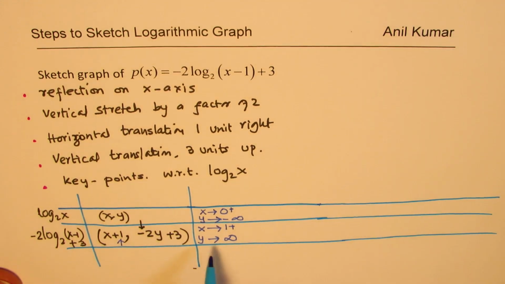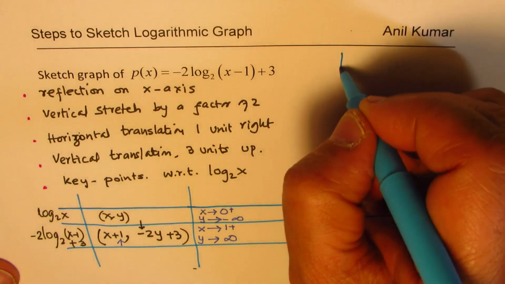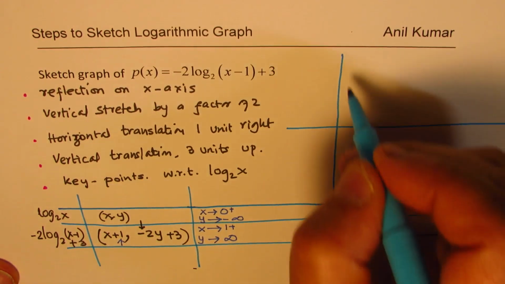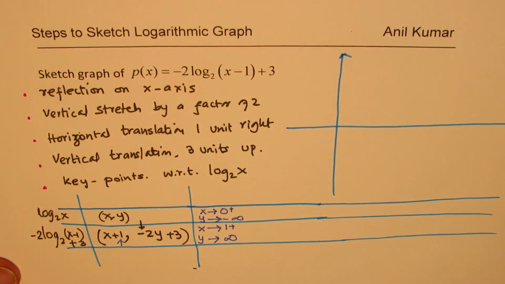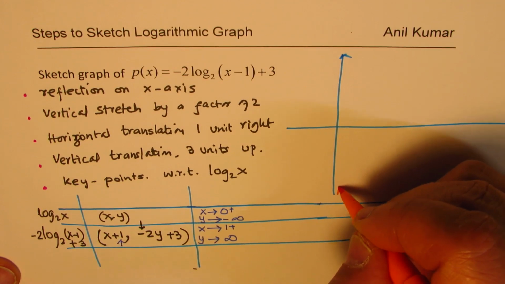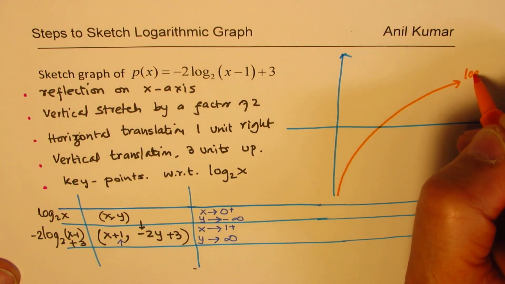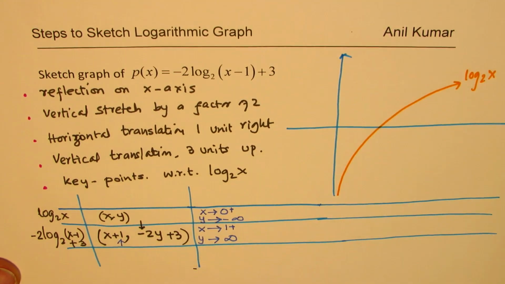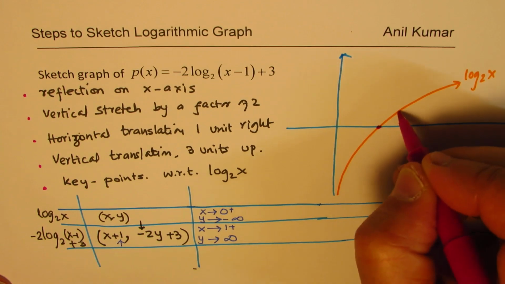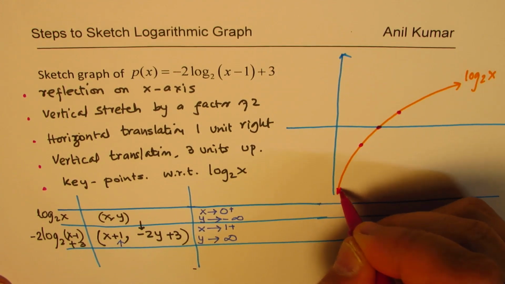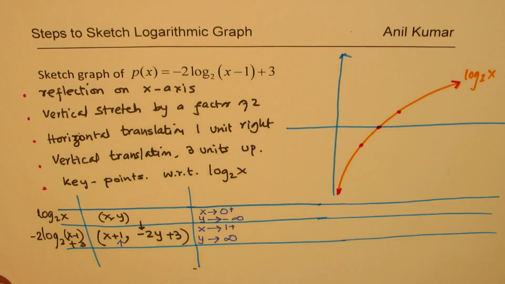So let me just sketch this for you, and then we'll try to understand what is really happening, correct? So earlier we had a logarithmic function which was shown like this. So this is your log to the base 2 of x, perfect, the original function, on which we had been considering 3 points, right? Let these be the 3 points. And that was our end behavior. Is that clear to you? 5 key points.